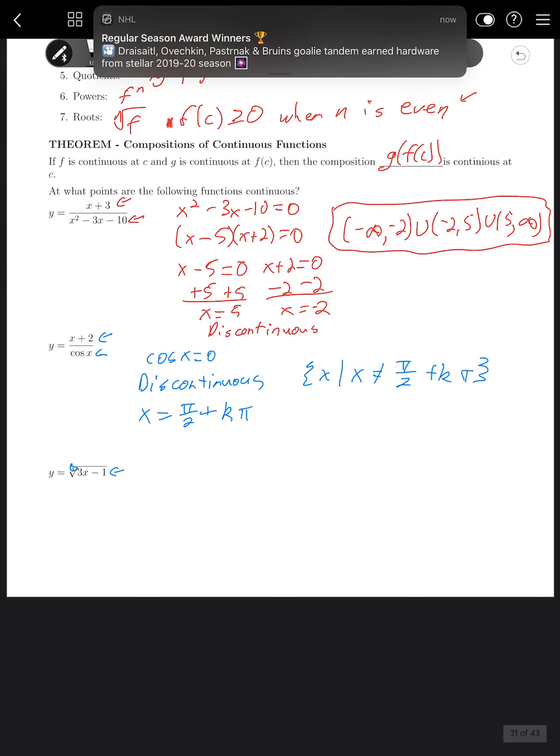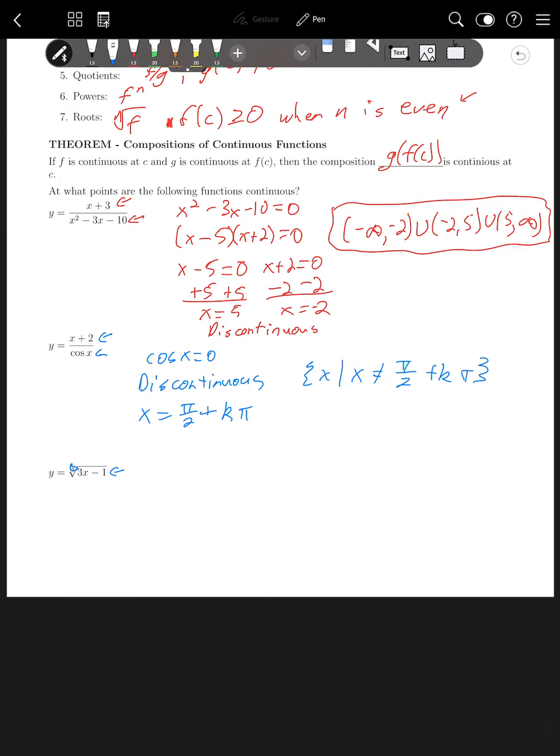Well, in this case, the root's even, so that means we need to know when is 3x minus 1 greater than or equal to 0, and that's where our function will be continuous. So we're going to add 1 to both sides and then divide by 3. So x is greater than or equal to 1/3.